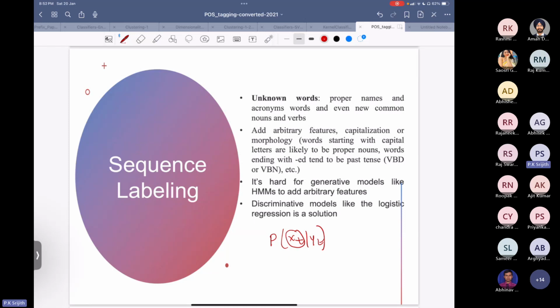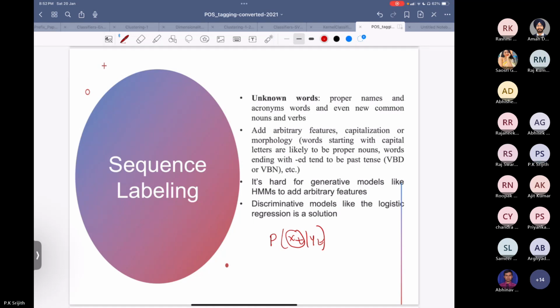You train your model based upon some training data, you get these probabilities from it, and at test time, when we deploy these models in practice, you may see a lot of words which you have not seen in the training data. For example, many proper nouns, you may end up seeing some new proper nouns at test time which you have not seen in the training time.